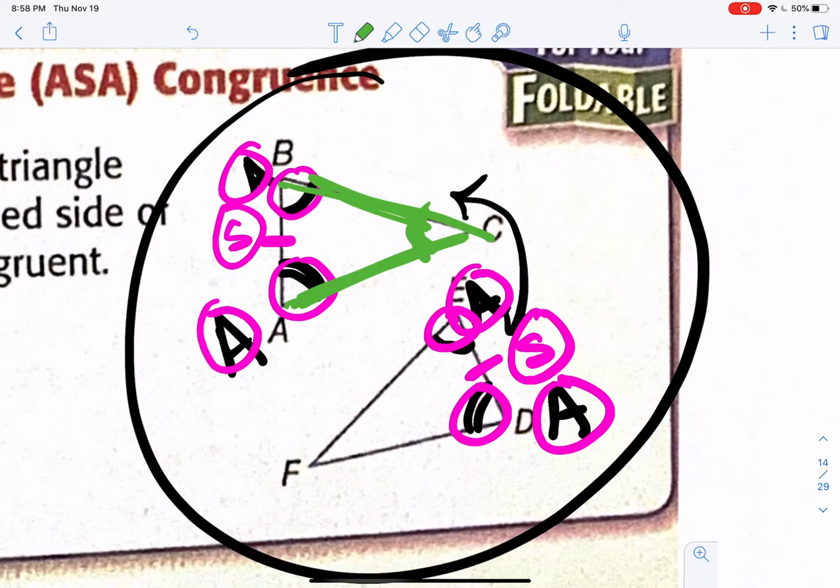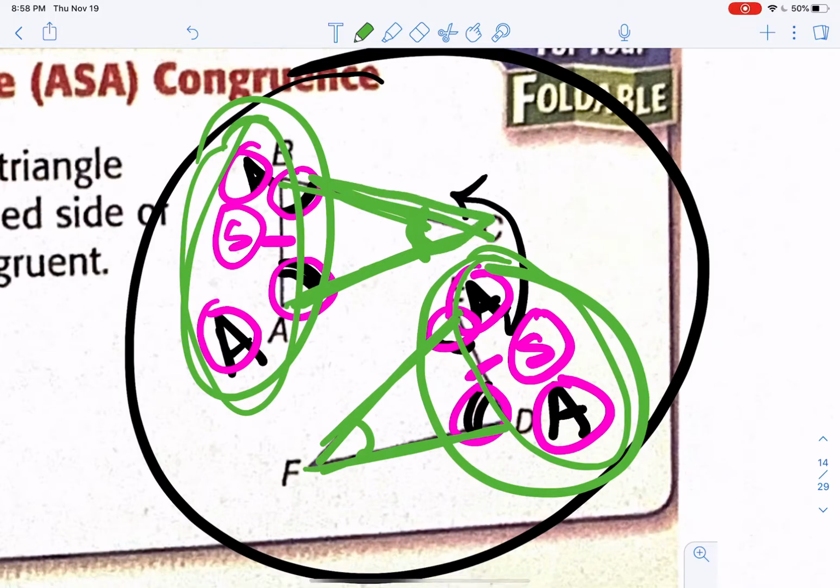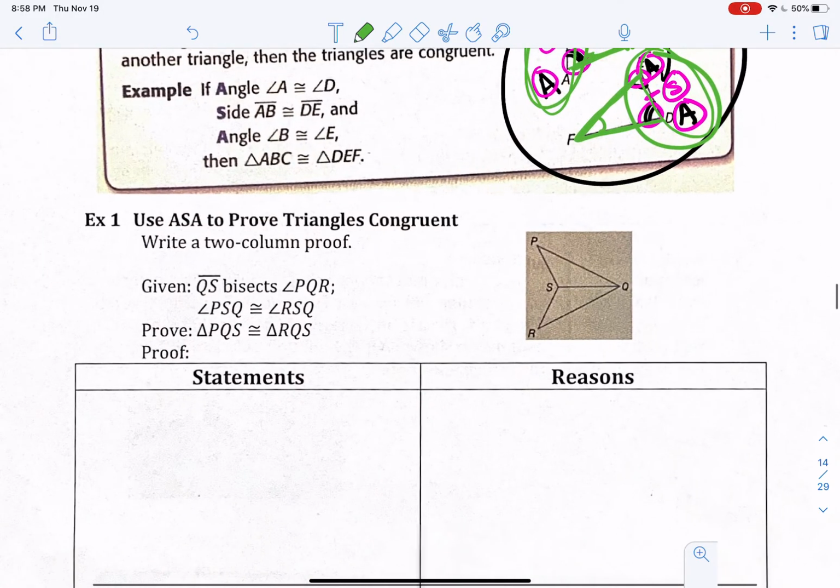Those will have to be the same, as long as these 3 things match these 3 things. There's no other way of drawing triangles that have angle, side, angle matching without the other sides and angle matching. So we don't have to do all 6. We only have to do an angle, a side, and an angle, but the side has to be between the 2 angles.